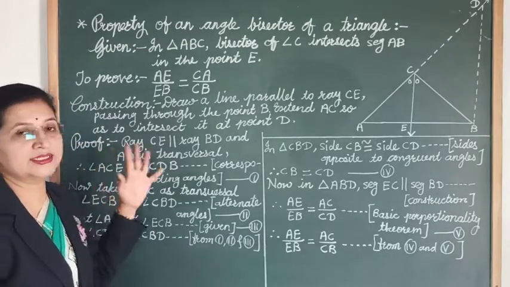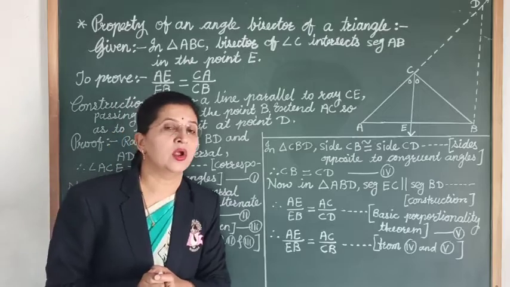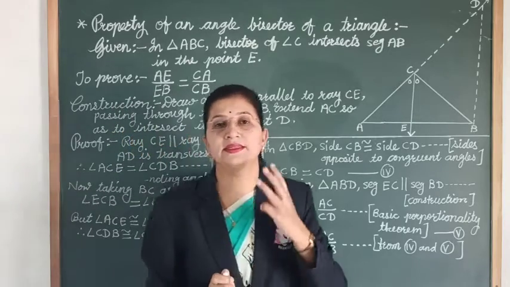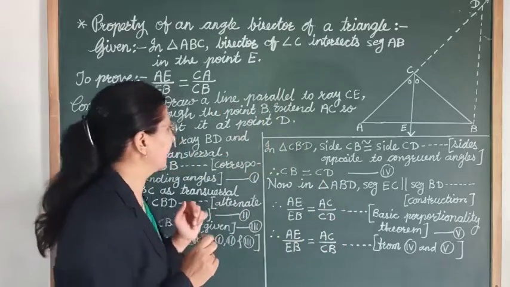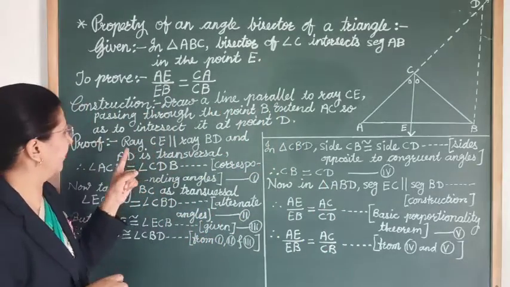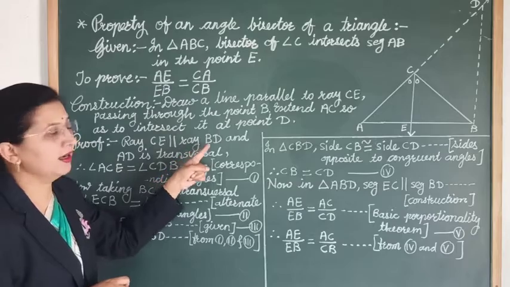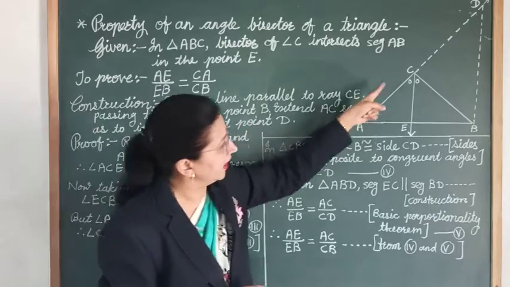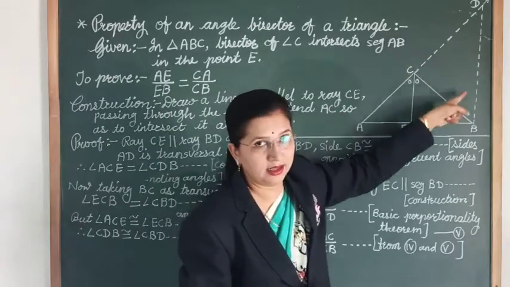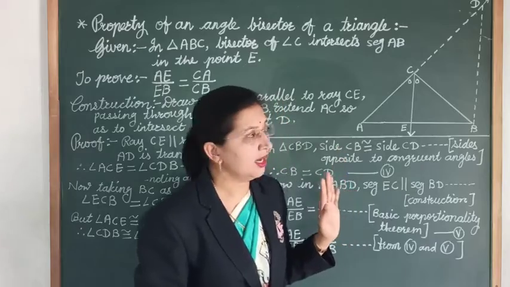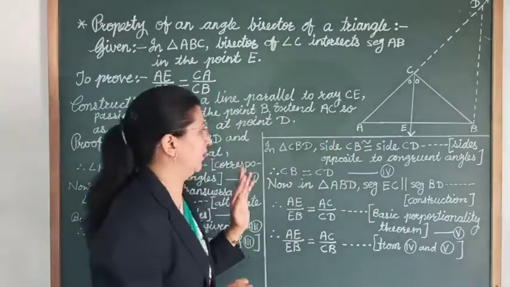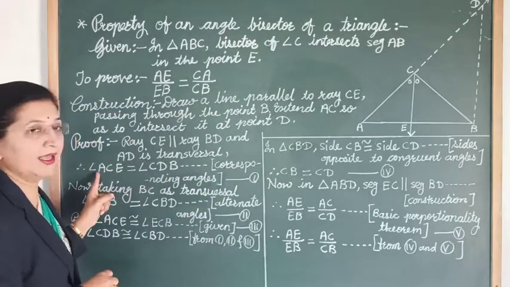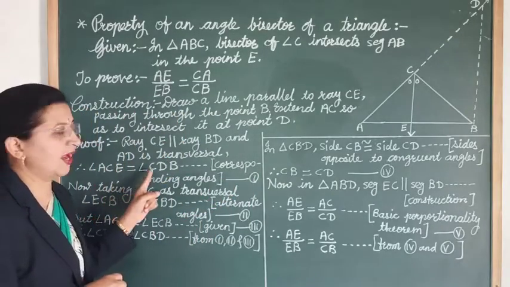In the proof of this angle bisector theorem, we are going to write three pairs of congruent angles. So what are they? Let's see. For the first pair, ray CE is parallel to ray BD, and this AD is their transversal. Then angle ACE is equal to angle CDB.